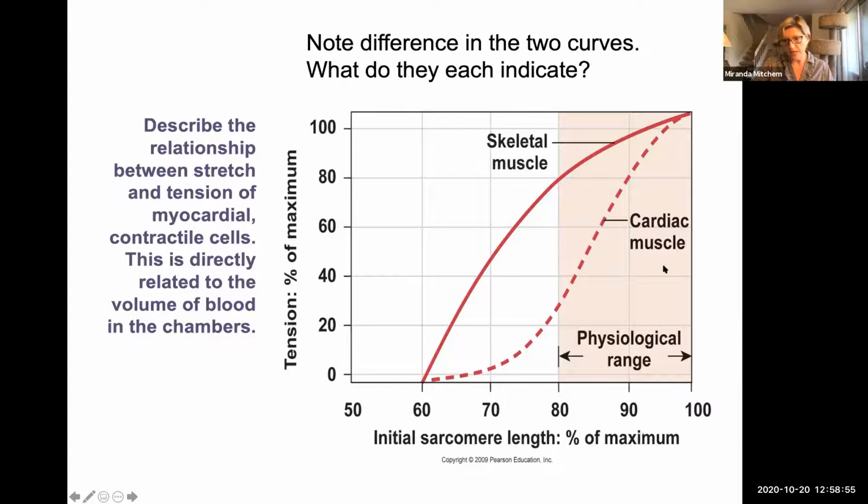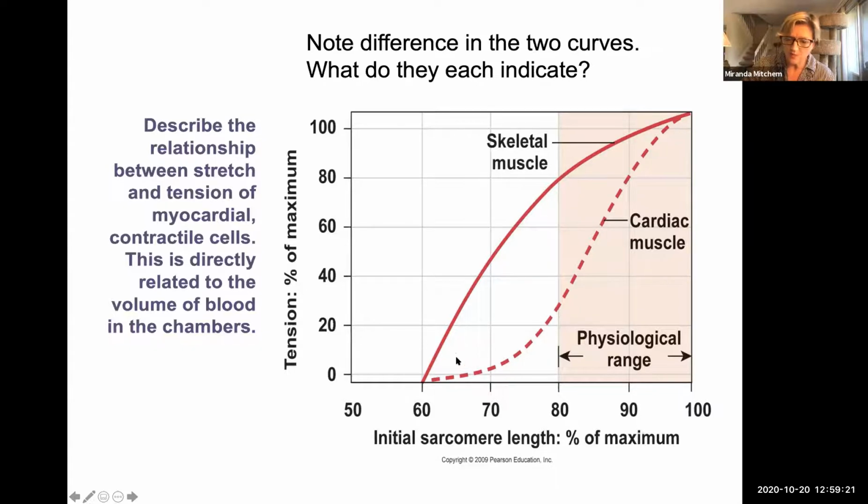And this kind of peachy shade area is the physiological range in which cardiac muscle is active. Look at the slopes of both of these curves. They're different. The skeletal muscle has a sharper curve, where the cardiac muscle doesn't.